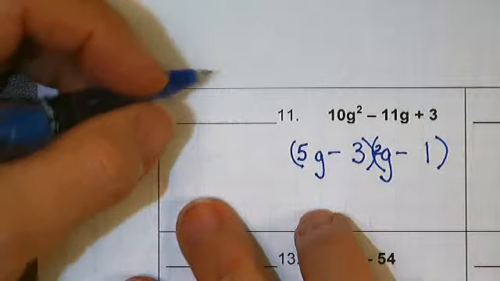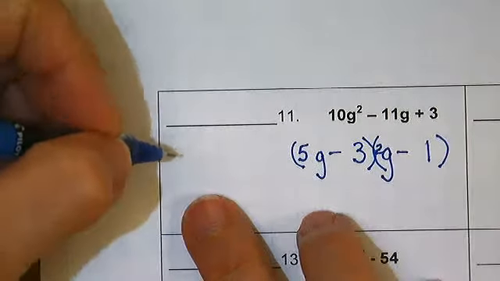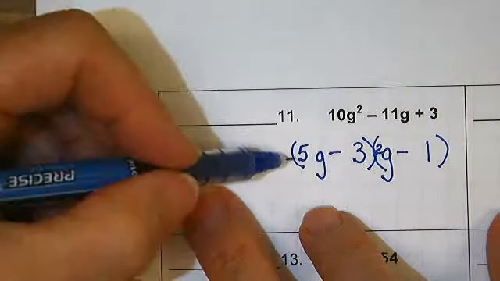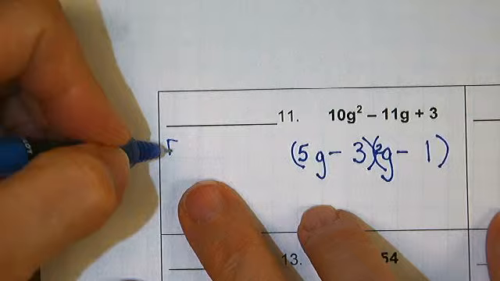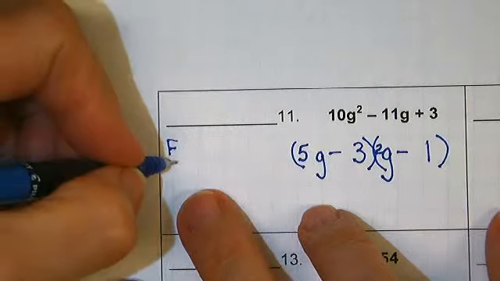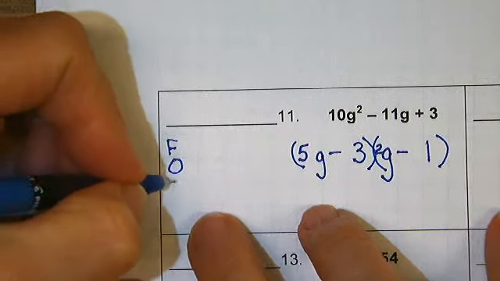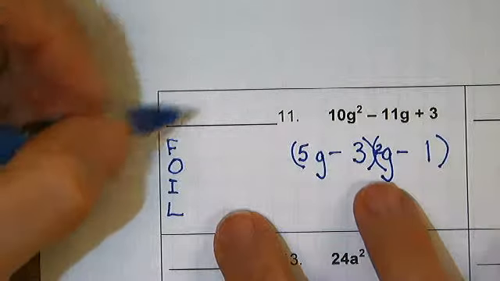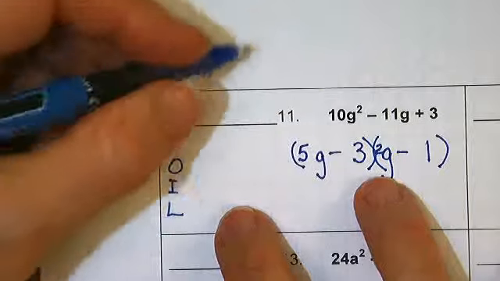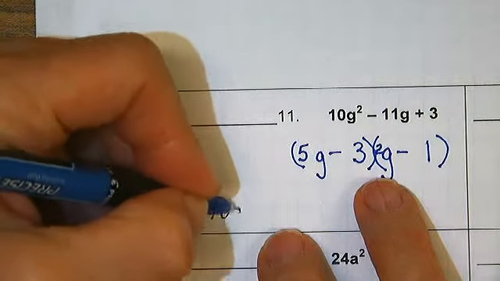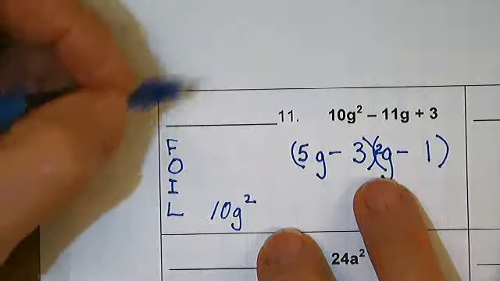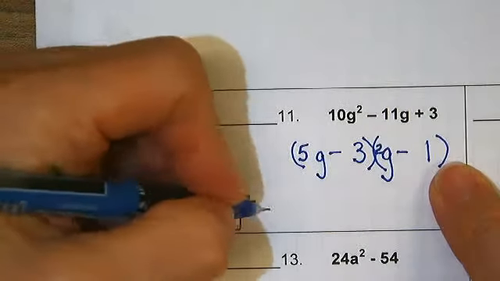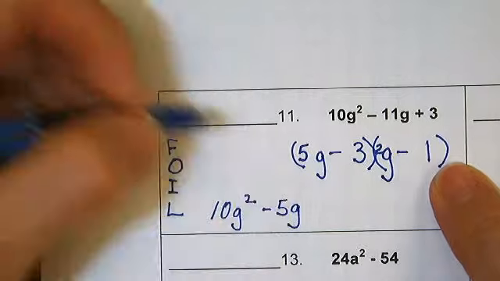What some of you have seen in class, but many of you have not, is a way to multiply polynomials: first, outside, inside, last. First terms, 5g times 2g, 10g squared. Outside, 5g times negative 1, negative 5g.